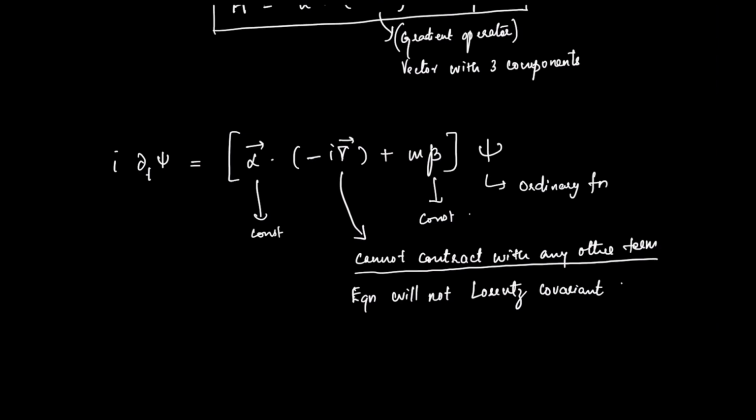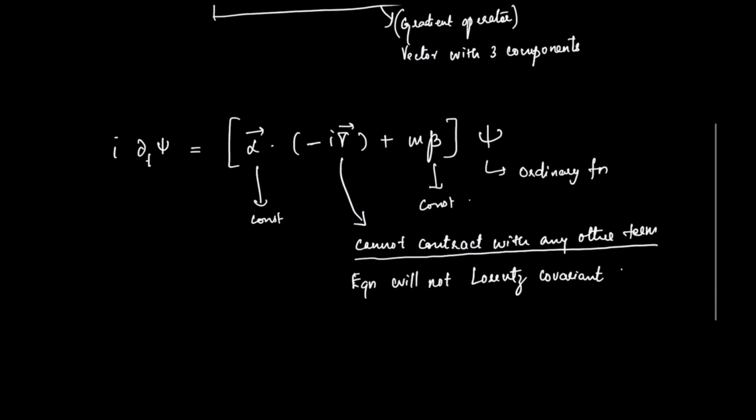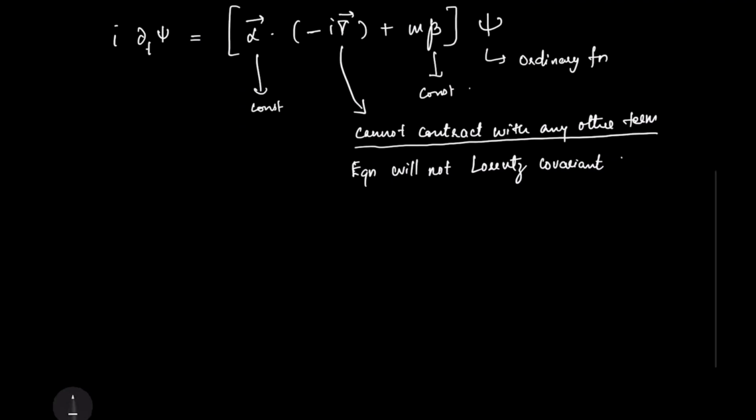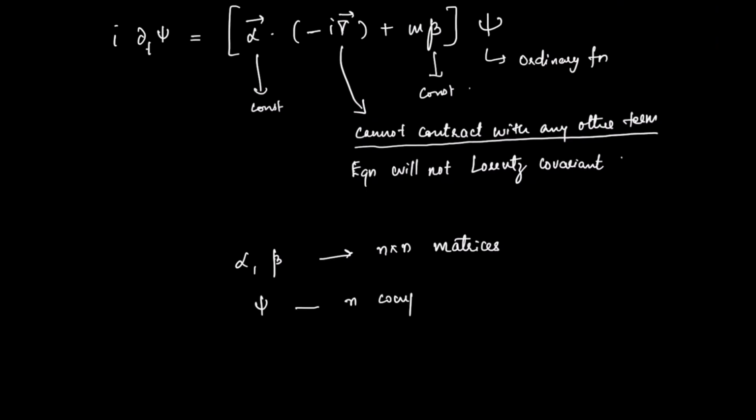Then Dirac had an idea that nobody thought about. That is, let alpha and beta be n cross n matrices. And also psi, let it be an n component vector.